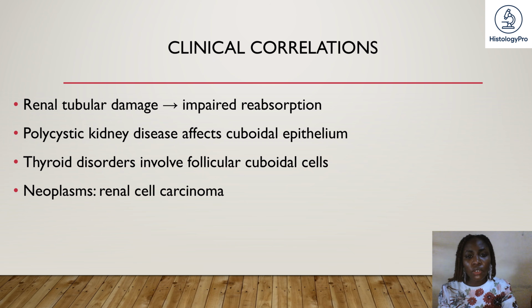Clinically relevant conditions involving simple cuboidal epithelium include renal tubular damage. Damage to the renal tubules leads to impaired reabsorption of water, electrolytes, and nutrients, resulting in abnormal urine formation. In polycystic kidney disease, abnormal proliferation of cuboidal epithelial cells causes cyst formation, which disrupts normal kidney architecture and function.